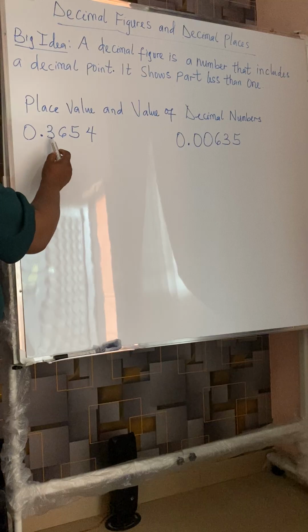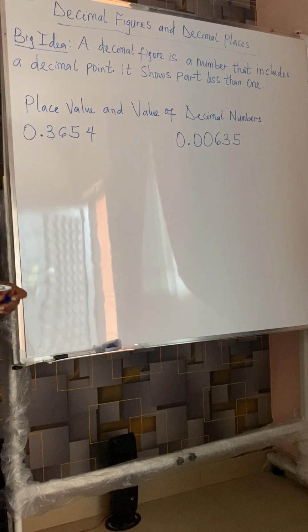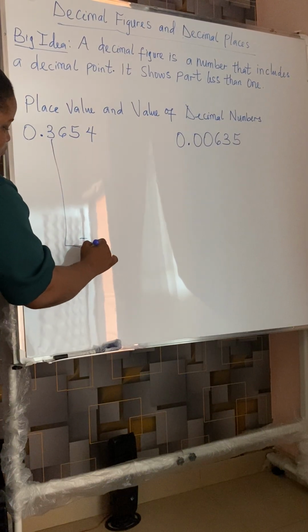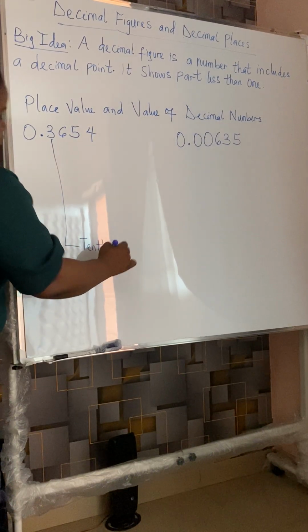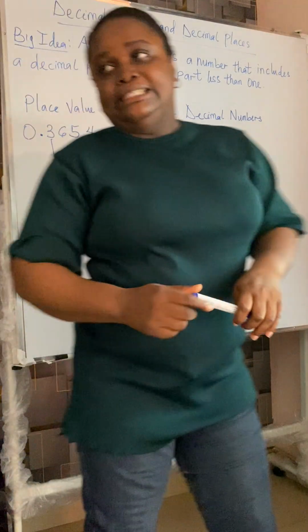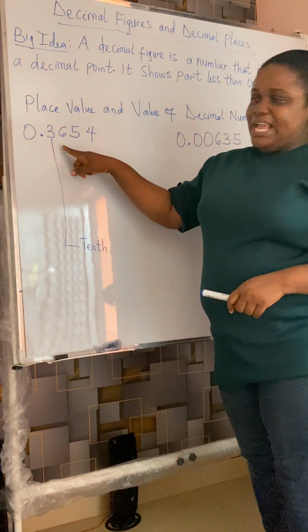Immediately after the decimal notation, the first position, the first place is called the tenth. So let's call this. This is the tenth. So the place value, any number that falls under the first position after the decimal, 1, 2, whatever the number is, provided it is here, the first position after the decimal, we will call it the tenth.